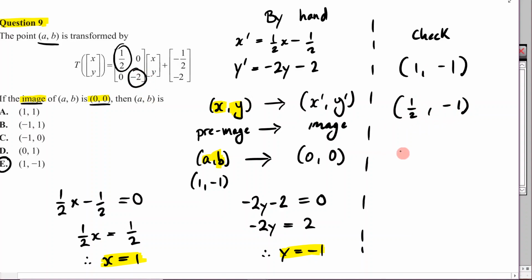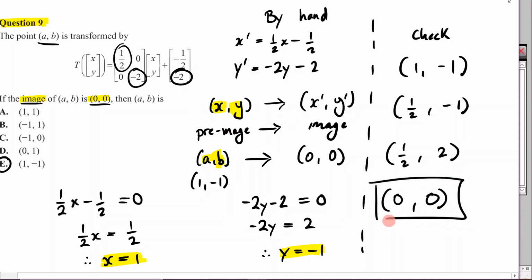This negative 2 is telling me that this right here is going to become positive 2. This negative a half is telling me to subtract negative a half from this right here, which is going to be 0. And then finally, this negative 2 is telling me to subtract 2, which is going to be 0. And you can see right there, I get 0, 0. So that's a basic way of checking what you've done.